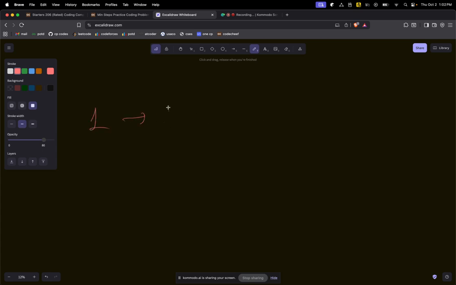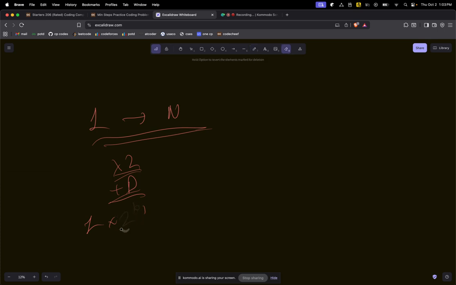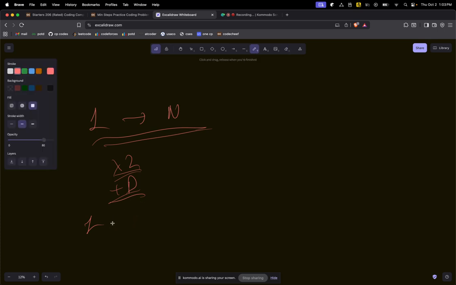So you have to go from 1 to n. Let's say, what are the possible operations you can do? Let's say you can do times 2 and plus d. These are the two operations. Let's say you are at 1 and you do the adding d operation a1 times, so you will get 1 plus a1d.